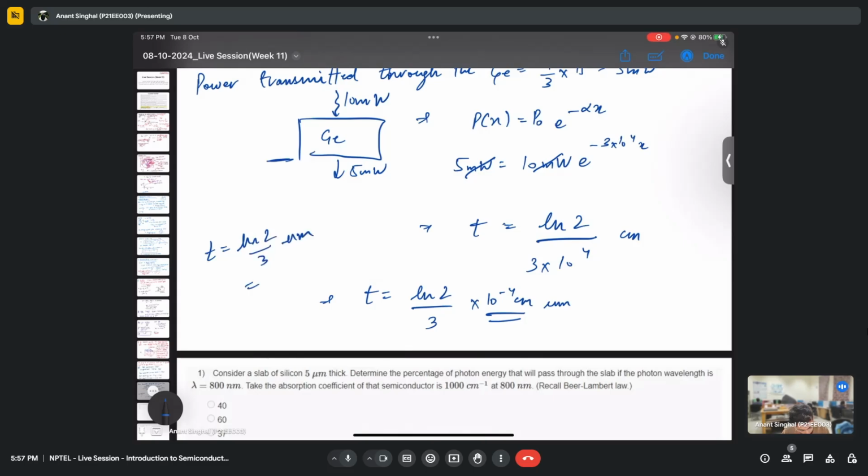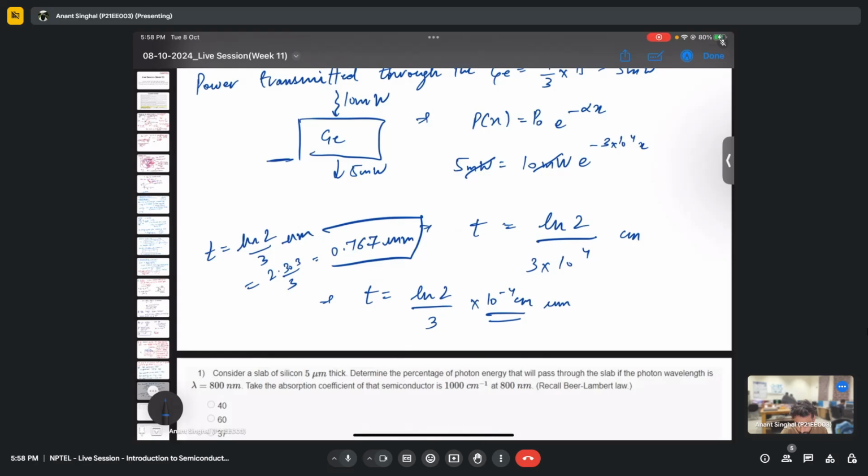So maybe we can solve this. This is 2.303 by 3, point 721, something like this will come. Is it fine? Ln 2 is 2.303, right?